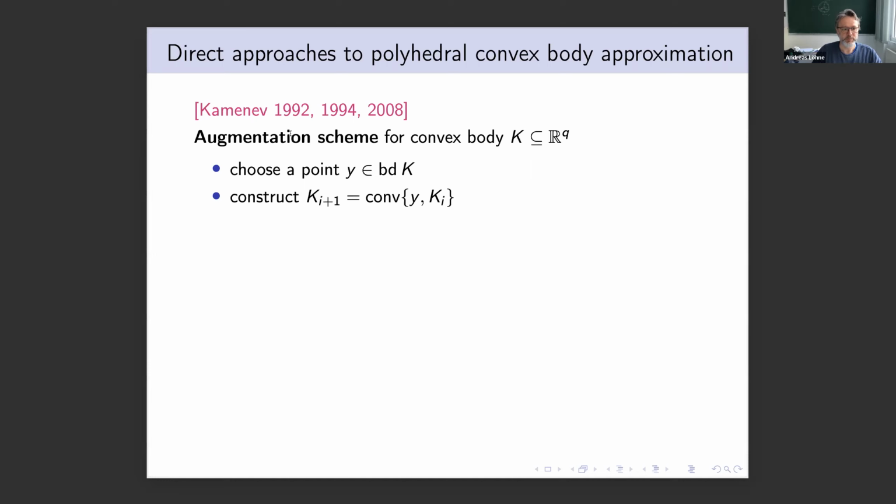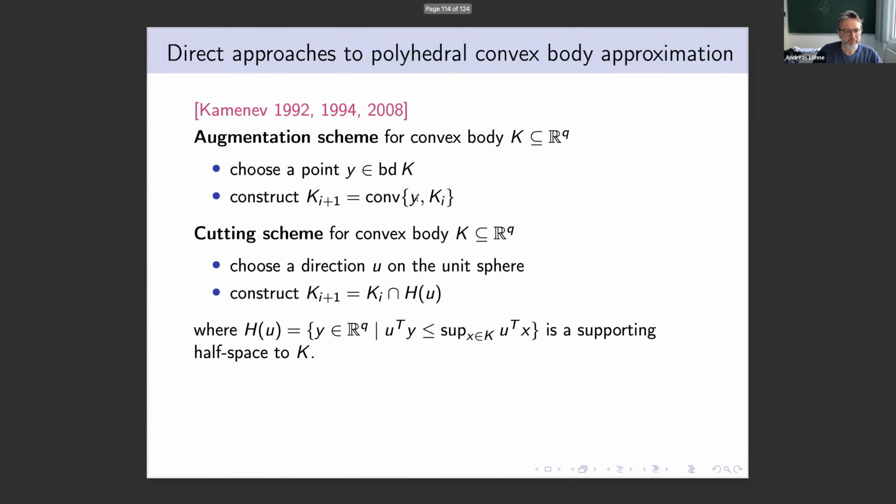The one is the augmentation scheme for a convex body K in R^q, which is described here. We choose a point y on the boundary of the convex body, and then we construct the new approximation from the old approximation by taking the convex hull with this boundary point.